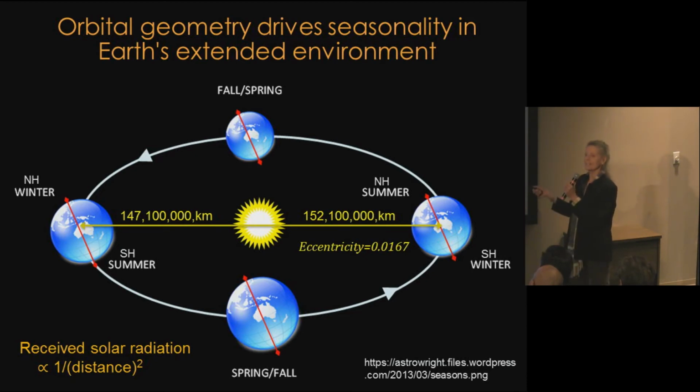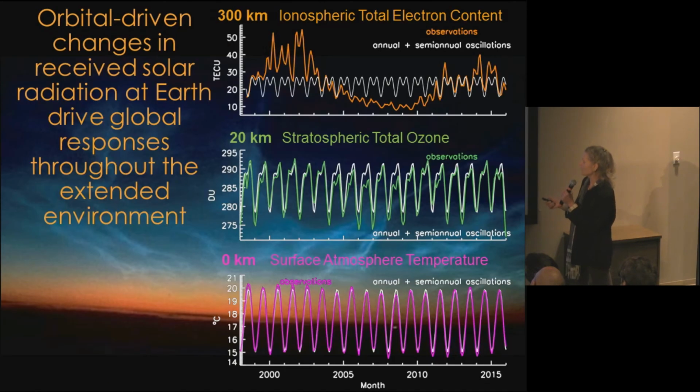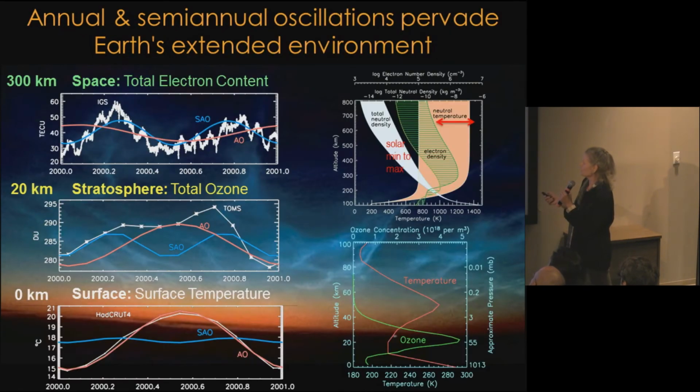At the equinoxes, it's a different response. The Earth is in a different situation than at the northern hemisphere, at the winter time. So it's this pattern that persists throughout, and I'll show you.